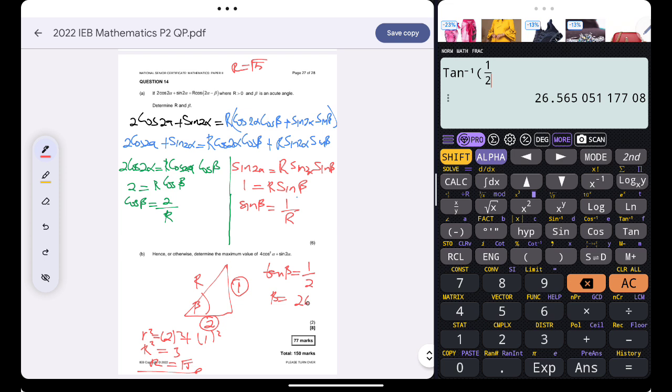Beta is equal to 26.57 degrees. Are you together? So now I know that this thing is equal to 26.57 degrees.